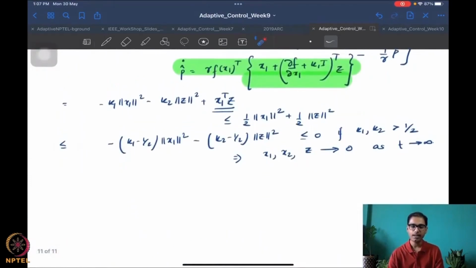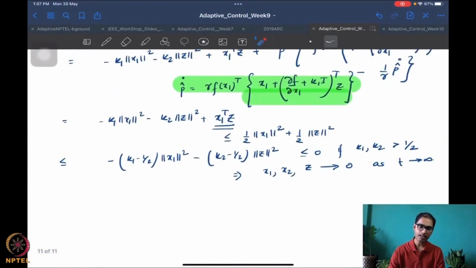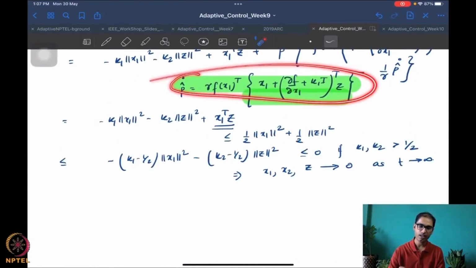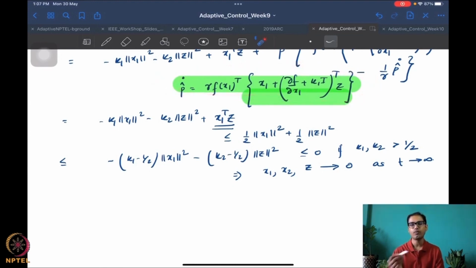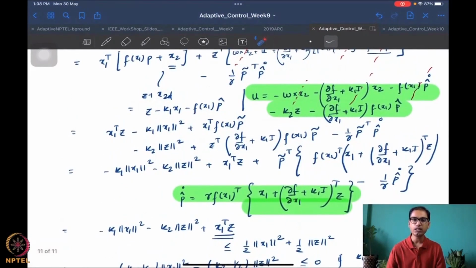The second important thing to note, which we've already talked about, is the drawback of this method: the control now contains the derivative p hat dot. As the distance between the control and the parameter becomes larger and larger, the derivatives also become larger and larger, which can lead to implementation troubles and noise in the control implementation.